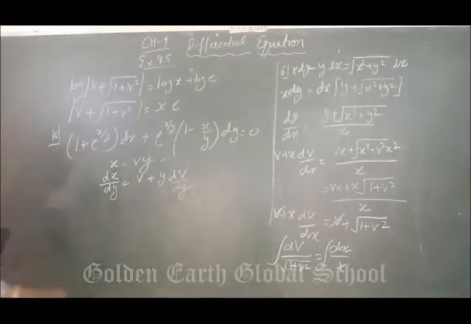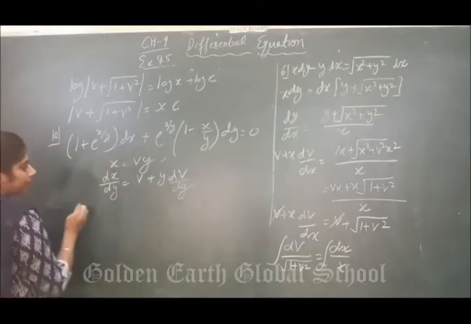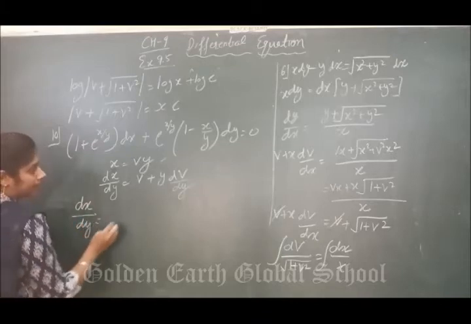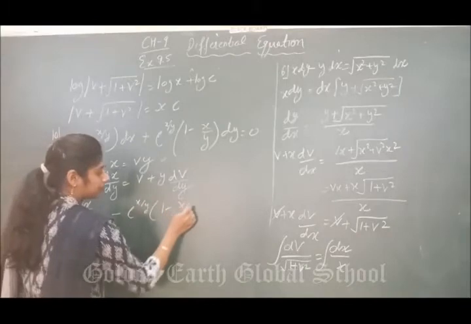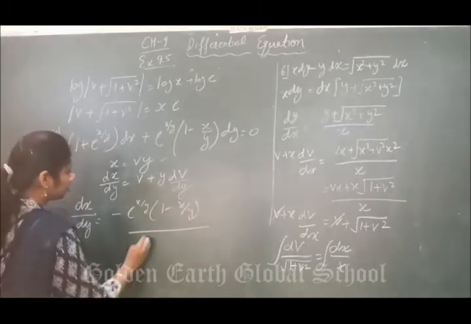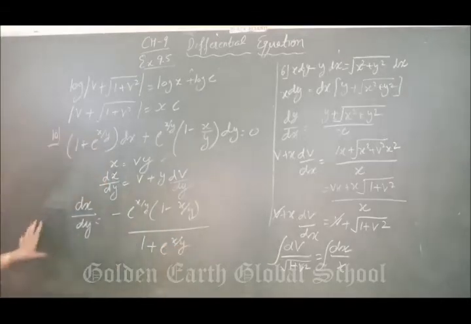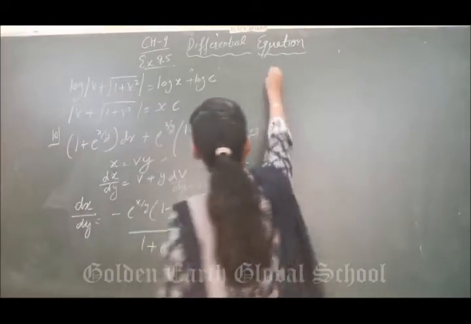So the differential equation will become, first of all, dx by dy to one side and the rest of the terms to the right. Now replace x upon y with v. Now substitute the values.